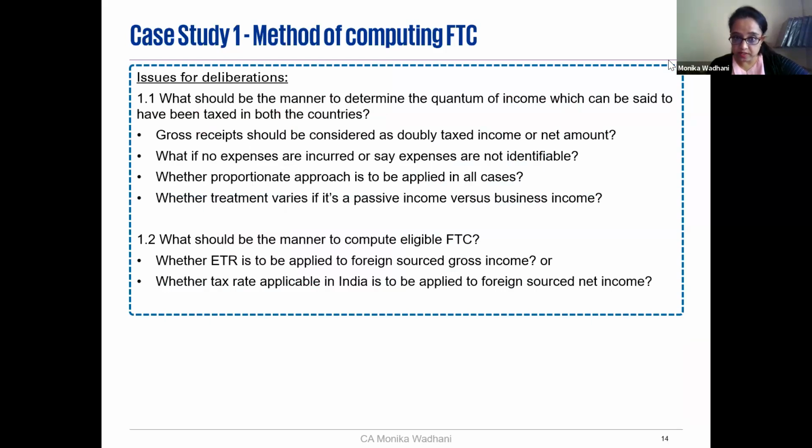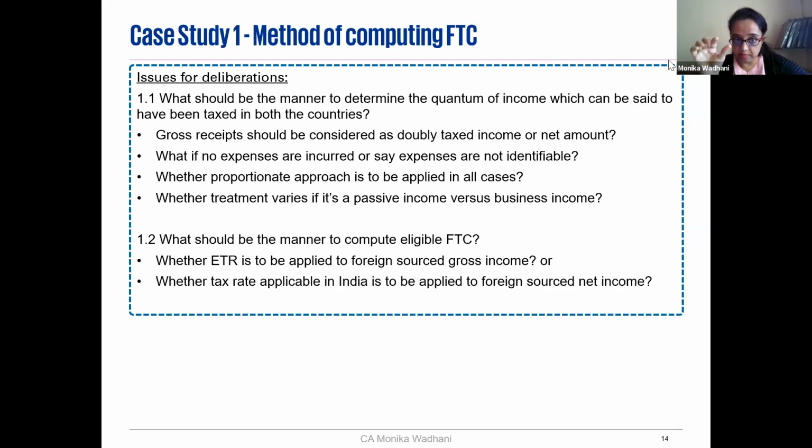Should gross receipt be considered as doubly taxed income or the net amount? What if no expenses are incurred, or say some expenses may be incurred but are not identifiable? Whether the proportionate approach has to be applied in all cases or whether you have to see the facts of each particular case. Whether treatment varies if it is a passive income versus a business income.